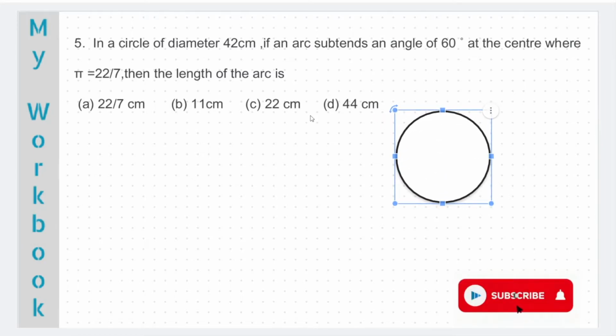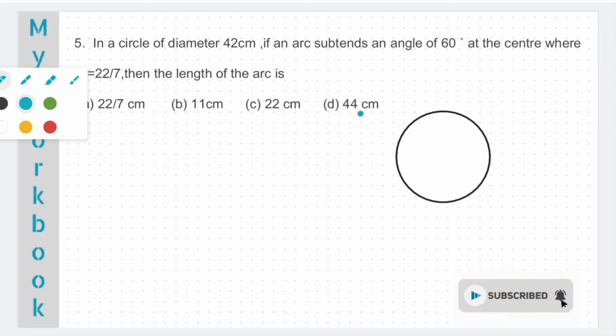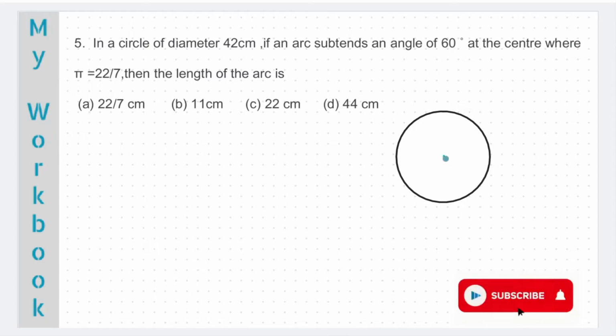So the circle's diameter is 42. Radius will be 42 by 2, which is 21 centimeter. The arc subtends an angle of 60 degrees. So the center angle is 60 degrees. We need to find the length of this arc.